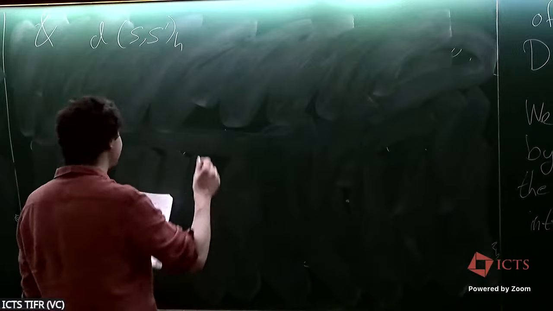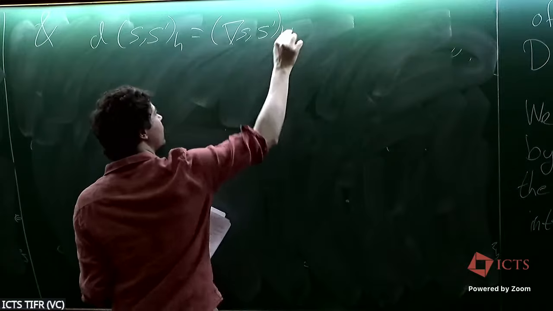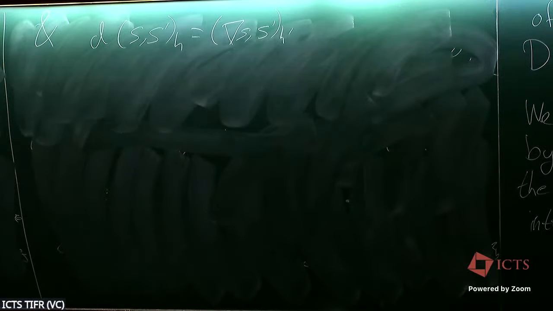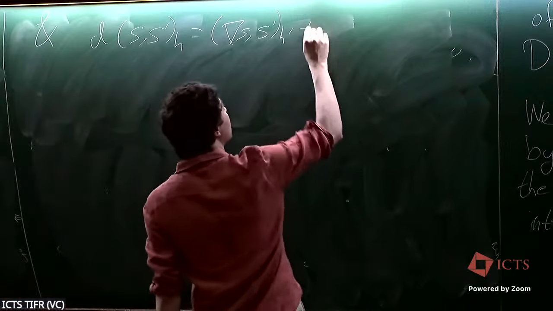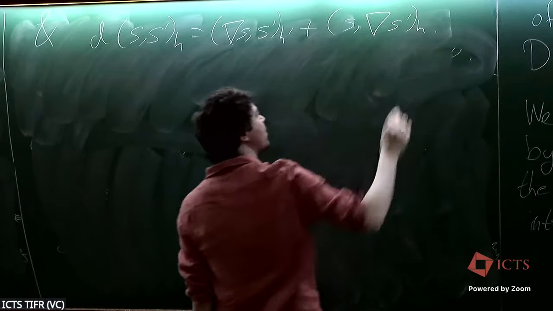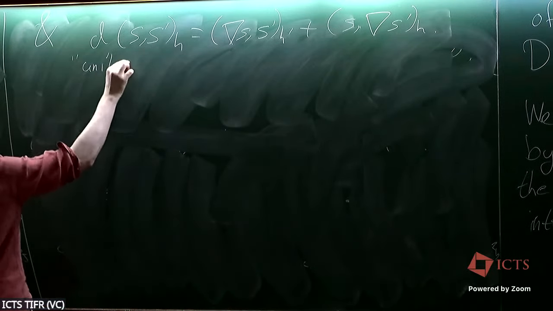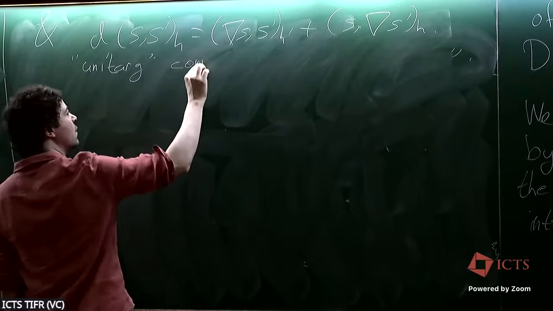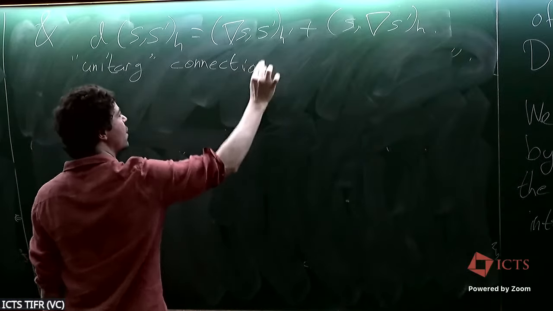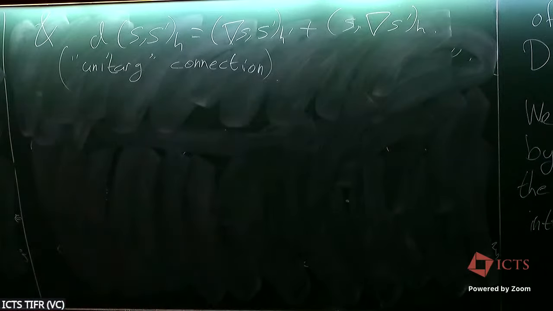And I ask that this is the same as the following: nabla s is a one-form with values in E, s' is a section of E, but we can use the Hermitian metric to get back a one-form just by killing the E components. And it should be symmetric. So this is what it means to be a unitary connection. That will come up later as well. So the Chern connection is the unique connection that's compatible with both the holomorphic structure and the Hermitian structure.